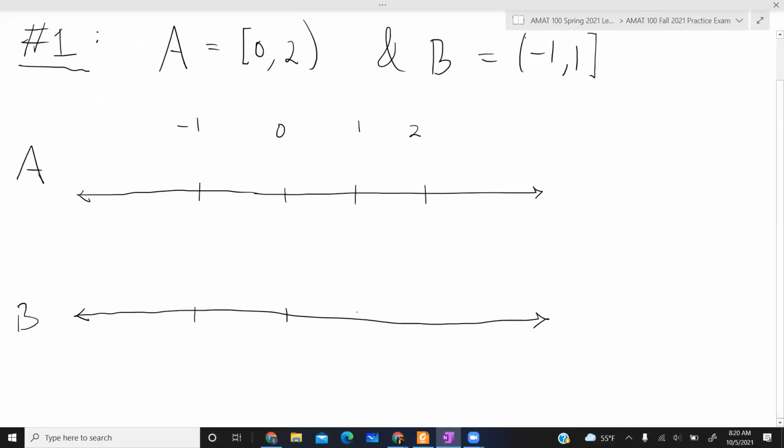A is from 0 to 2, and it'll be a closed circle here because 0 is a point in the set, and it'll be everything up to 2, but not including 2, so we'll have an open circle there. And then B starts at -1, but it doesn't include it, and then it goes all the way up to 1.